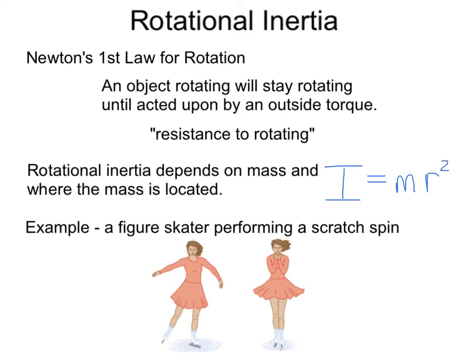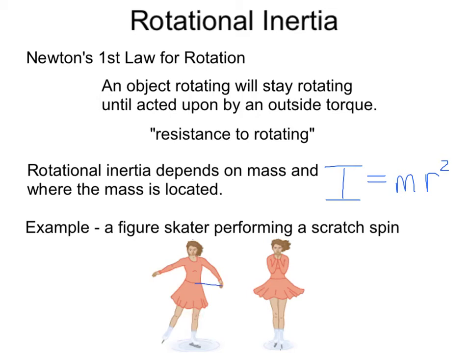Rotational inertia is the capital letter I, and it's proportional to mass and where the mass is located, or the radius squared. A great example of this is a figure skater performing a scratch spin. As she enters the spin, her arms are far apart. Thus, her mass is located much further away from her rotational axis, which would be straight through her body here.